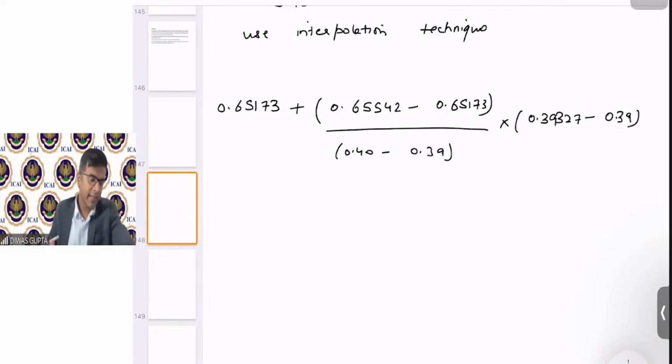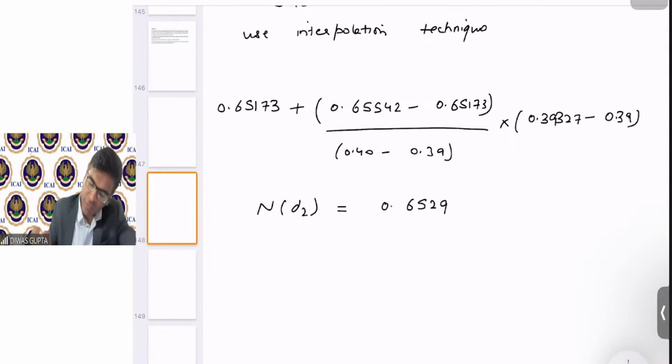We solve this, then N(D2) becomes 0.6529.